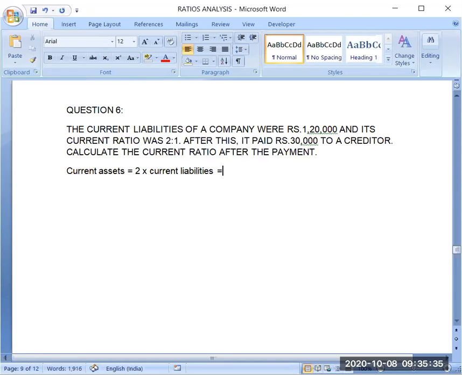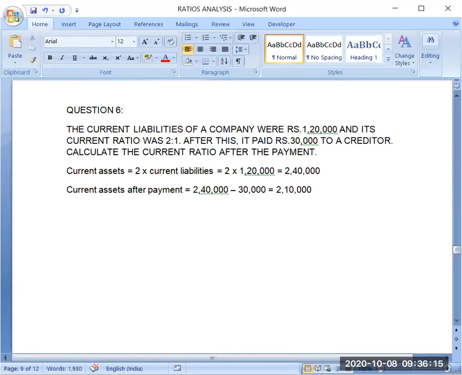So your current assets will be 2 multiplied by 1,20,000, which is 2,40,000. Now it is saying that you have paid a liability of 30,000, so your current assets after payment will be 2,40,000 minus 30,000, which is 2,10,000.